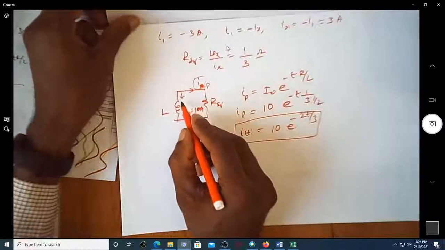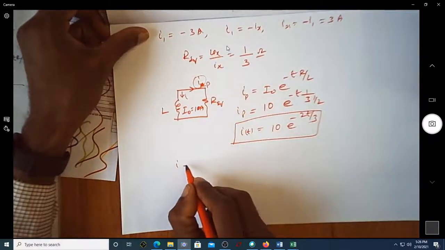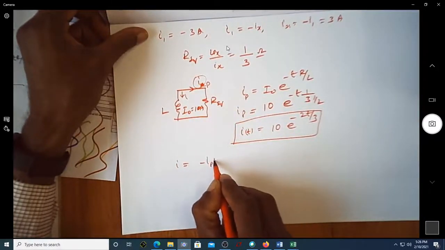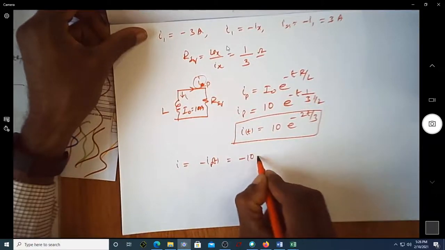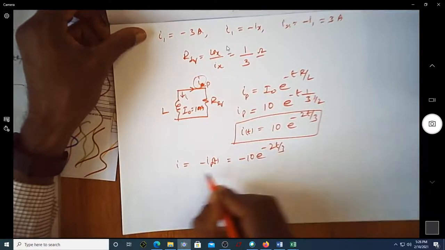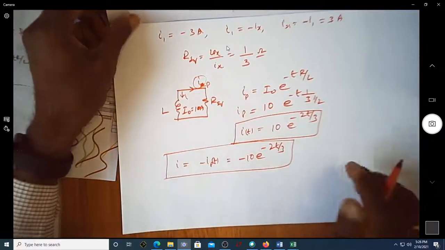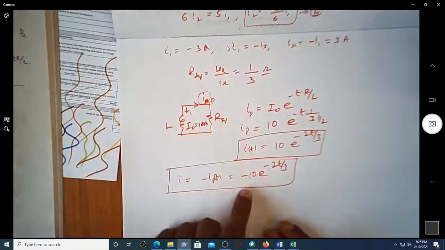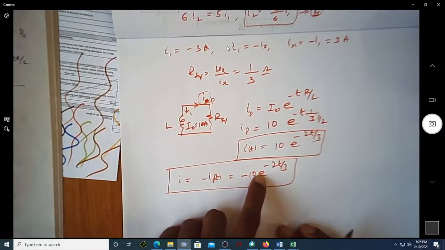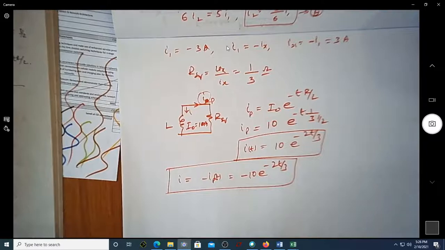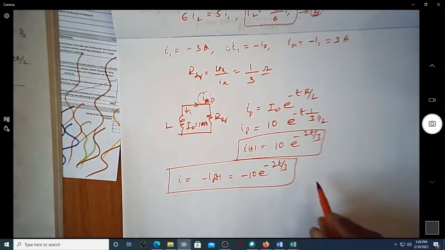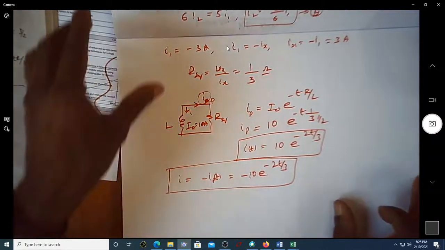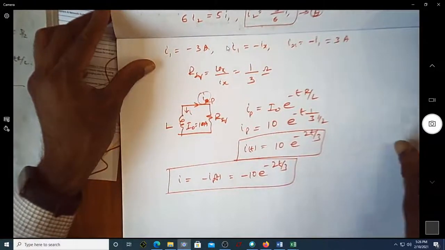But since you are interested in knowing this current I, this I is nothing but minus of IP of t, which is equal to minus 10 e power minus 2t by 3. So we are interested in the current that is flowing through this inductor. Now that is given by minus 10 into e power minus 2t by 3. This is the expression for I.